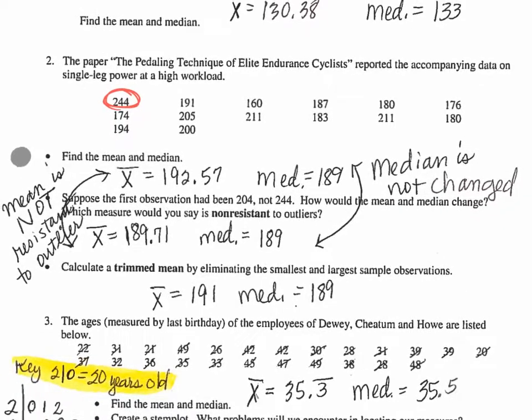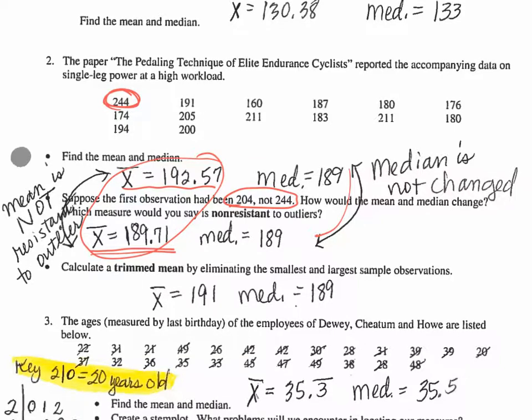So, when the outlier was in there, our mean was 192.57 and our median was 189. Okay, look what happened whenever you took away that outlier and made it more like the rest of the data. Then what happened to our mean? It changed. So our mean changed and our median did not.